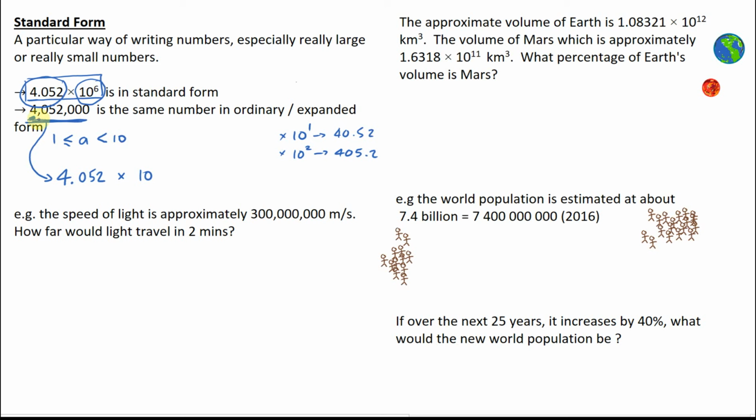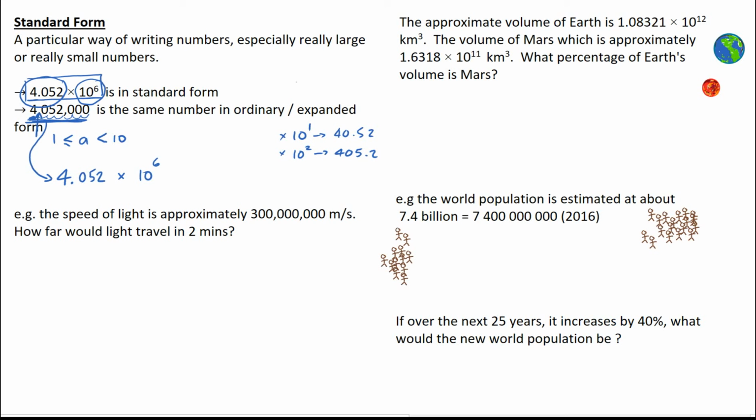The way you can do this is, wherever you're going to place that decimal point, we can just count our powers of 10 until we get to the end of the number. So it'll be 1, 2, 3, 4, 5, 6. So I need to multiply 4.052 by 10 to the power of 6.